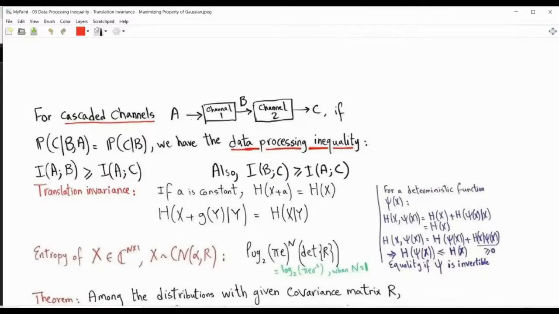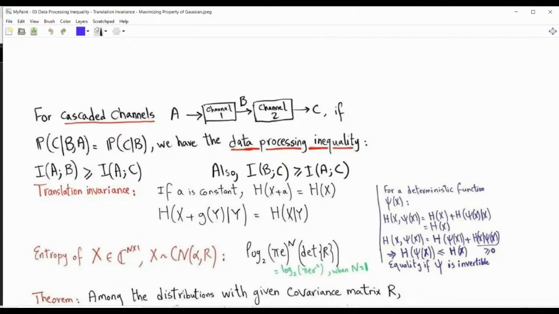Suppose that you have a random variable A. It goes through a channel, because this is what we are used to in communications. So if A goes through a system and you get B, and then B goes to another channel and you get C, then there is something called the data processing inequality.